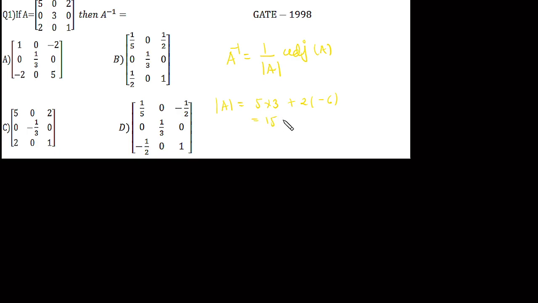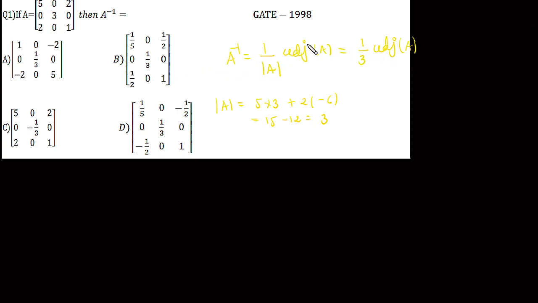So I can write it like this: 15 minus 12, so I'm getting the determinant as plus 3. Now that we have found the determinant, let's put it here: 1 by 3 multiplied with the adjoint of A will give me my inverse.